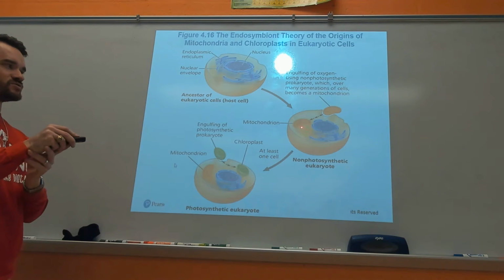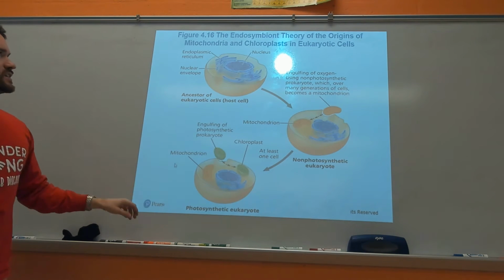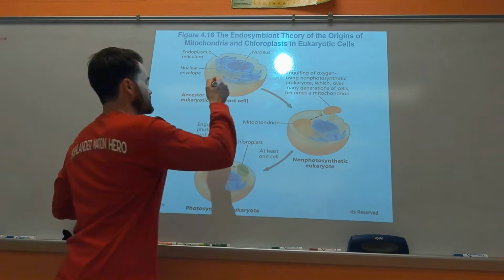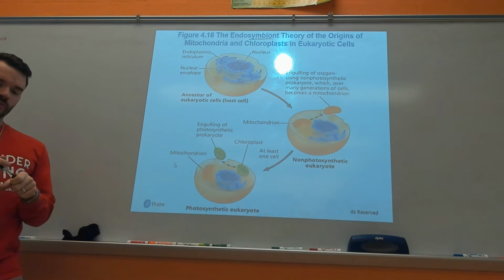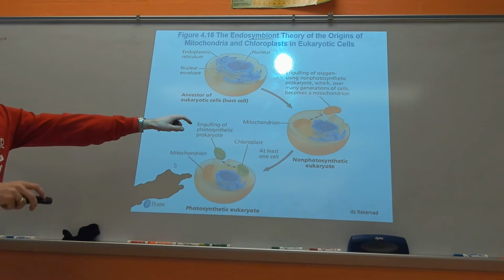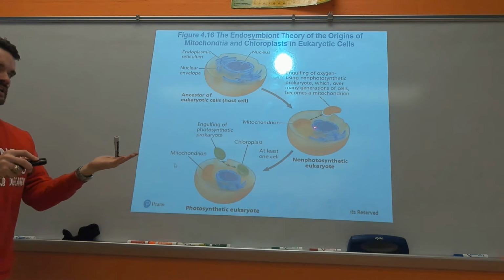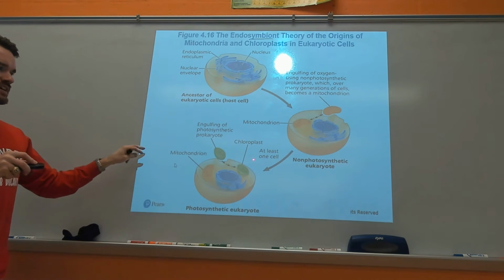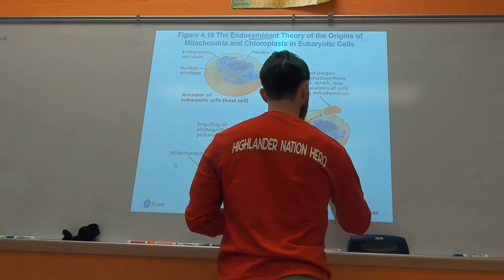By having these two cells together, making a supercell, they could work together. Symbiosis refers to two things working together, where this would be an example of mutualism where they both benefited from this arrangement. And then perhaps at some other period of time, this would be your modern day animal cell.